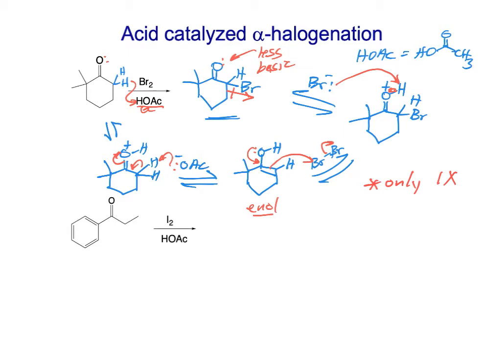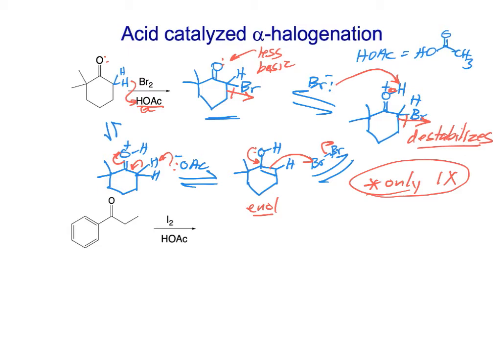We can also show this at the intermediate just before the product. This bromine pulls electron density away. It actually destabilizes that cation. So for both of these reasons, the acid-catalyzed halogenation only takes place once.